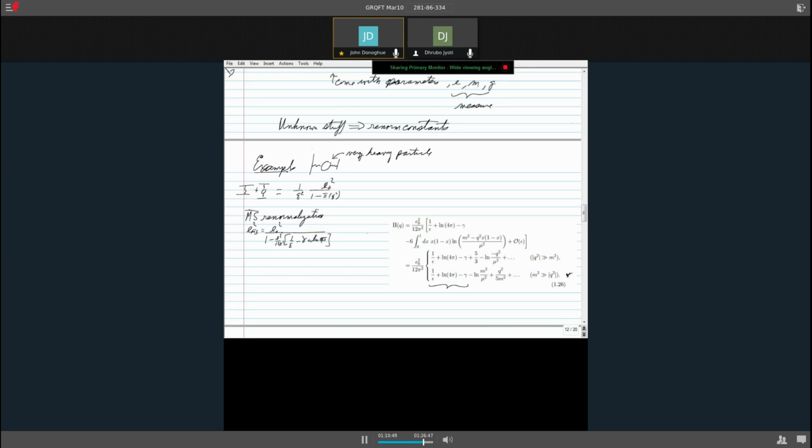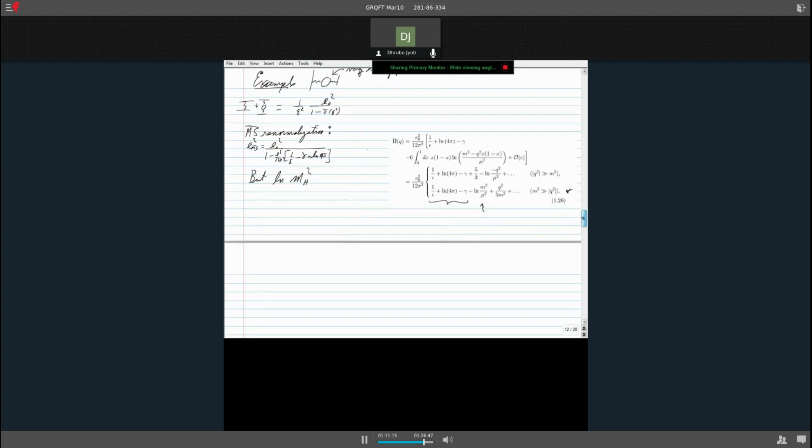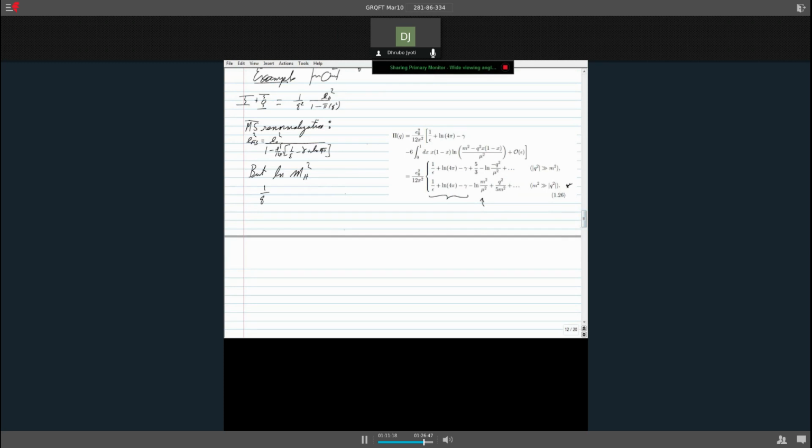So you take this guy plus that guy and write this as 1 over q squared, the bare charge squared over 1 minus pi of q squared. And pi of q squared I've copied here. This is the result for a fermion. And the case that we're studying is when m is much bigger than q. So there's the form.